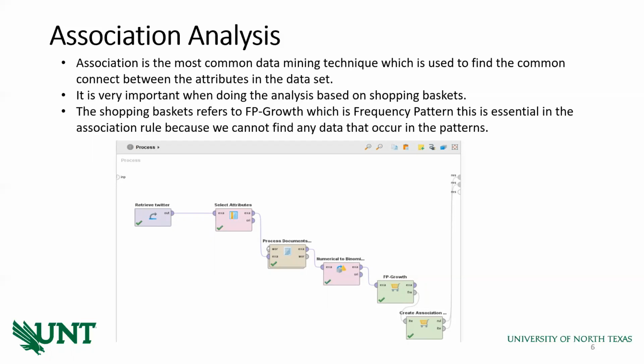It is an important rule, because without it we cannot find any data that occurs in patterns. It is useful for finding the data that occurs in patterns. You can see the FP-growth.